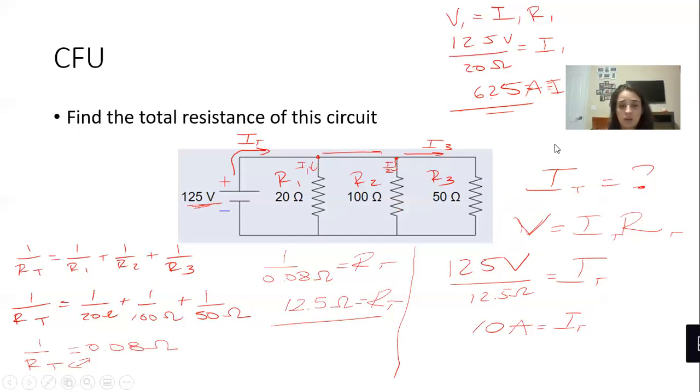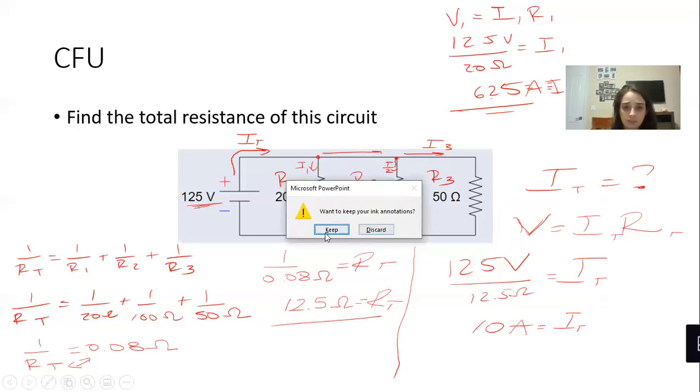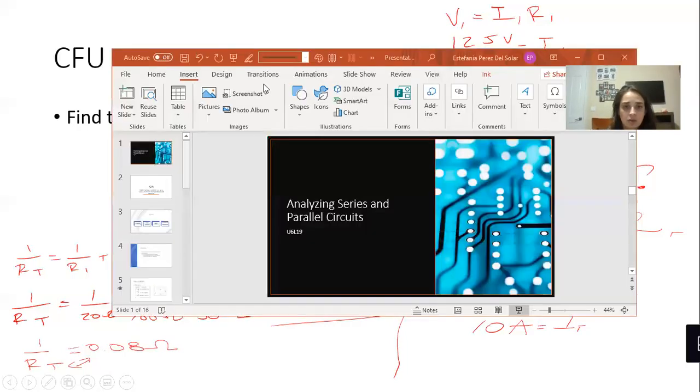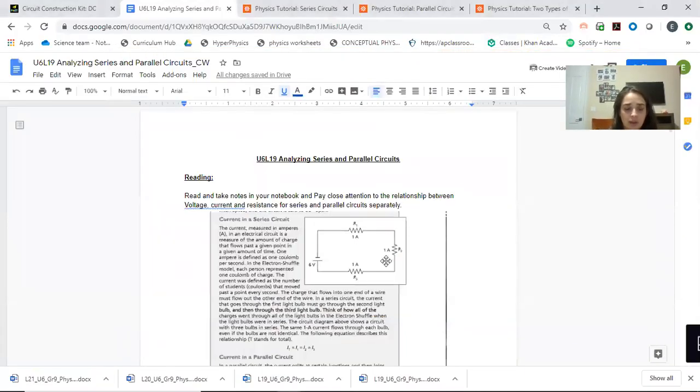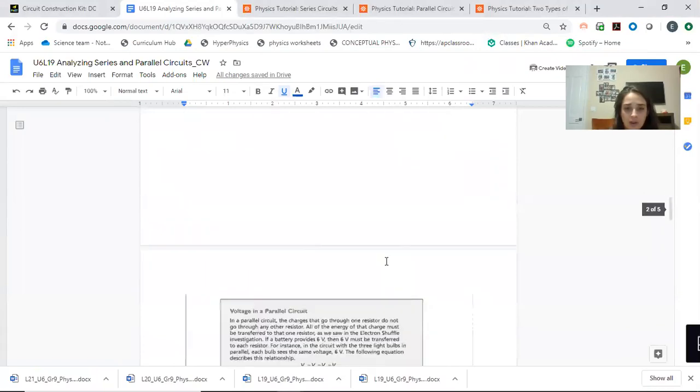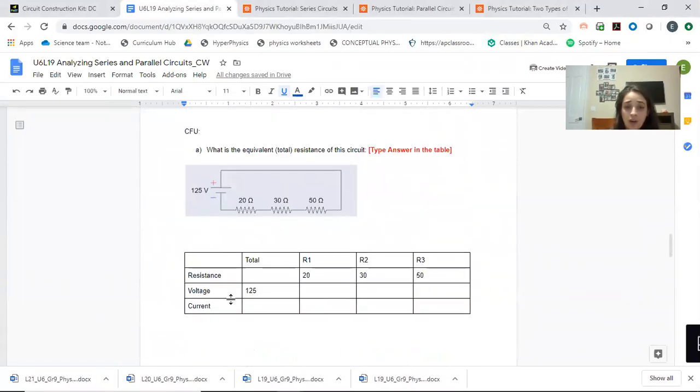In your classwork document, if you haven't noticed yet, below the reading that you just did are these tables. I went ahead and filled out what the values for the resistors were. Then you can add what the total resistance is, what the voltage is across each one of these, and what the current is as well.